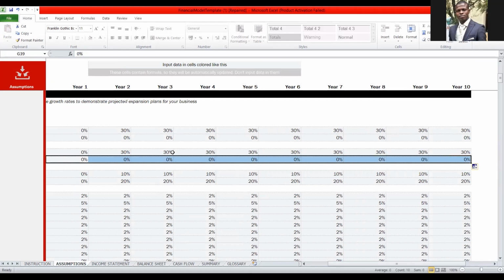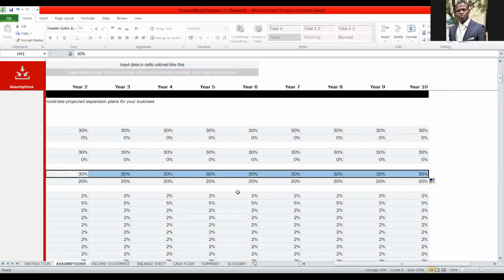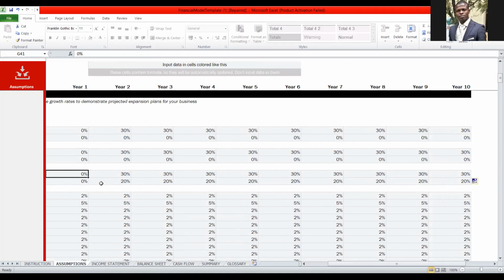Each of the products we are projecting to experience a growth rate of 30% per annum, year on year. And we are projecting that our price will remain constant. We are using this constant price as our projection.